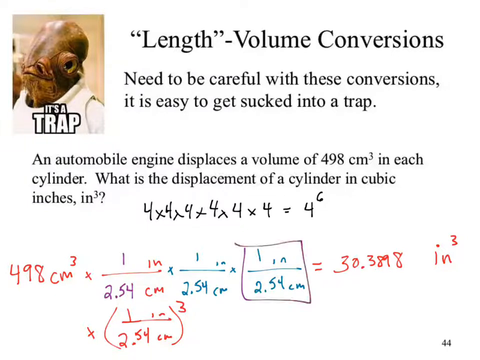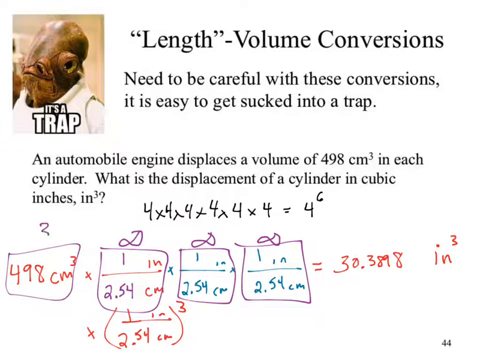How many sig figs in 1 inch to 2.54 centimeters? That is infinite. It's a definition. That's one of those weird exceptions. Right? That's an infinite sig fig, which means the previous one is infinite, previous one's infinite, and our first one dictates at 3 sig figs. 33, first insignificant, bigger than 5, add 1, and my answer becomes 30.4 inches cubed.